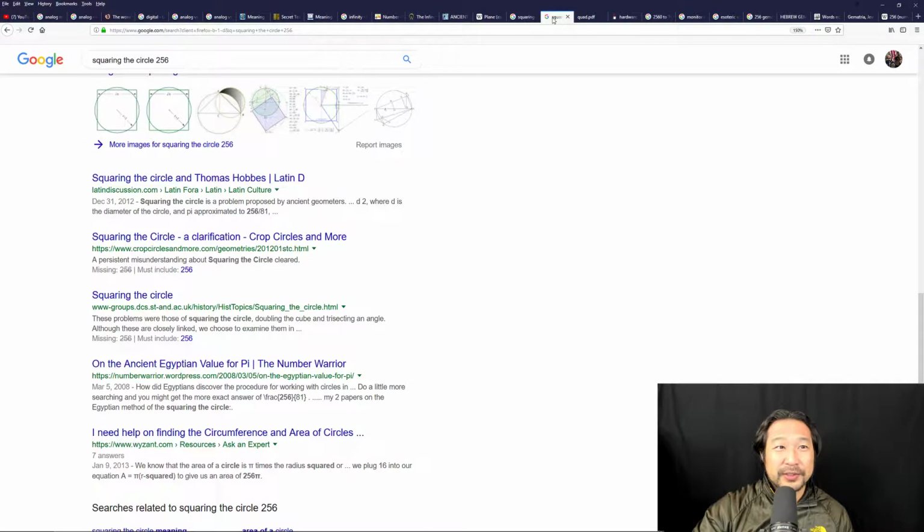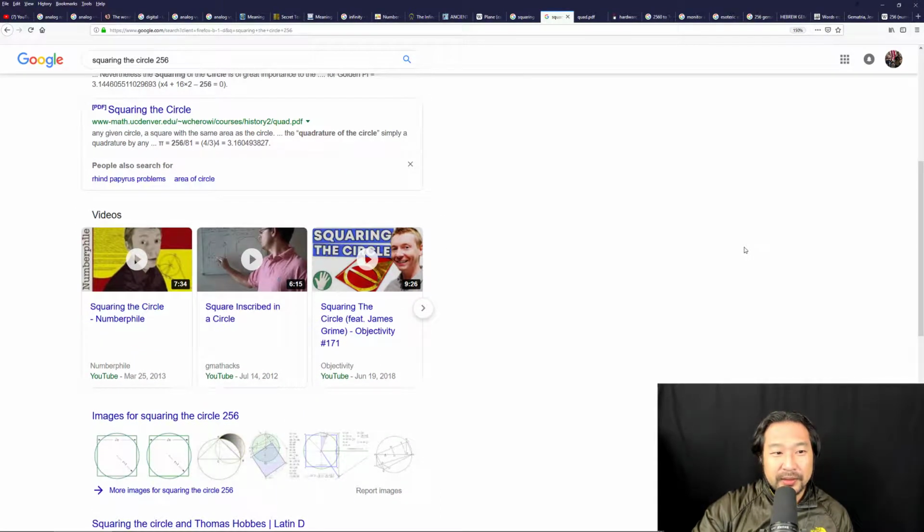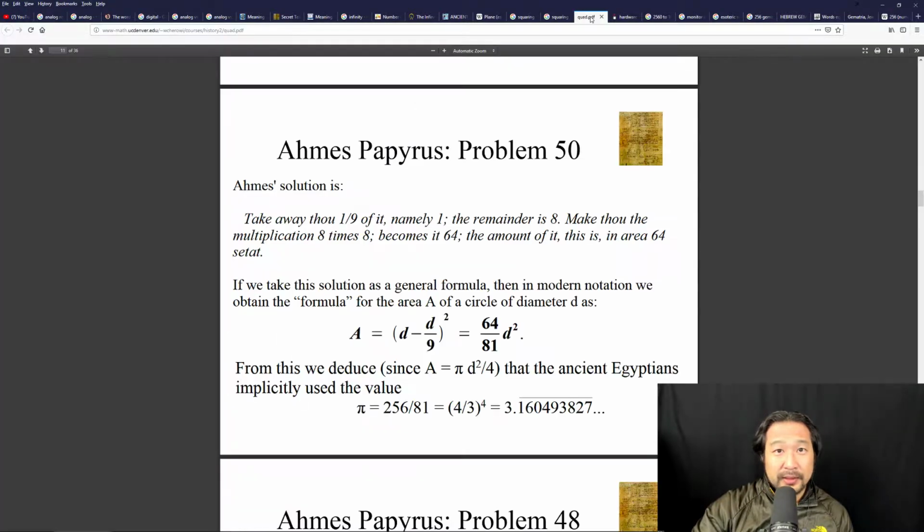So squaring the circle, that's what the digital technology age is. We're converting everything that's circular and round in form and squaring it. We're making it digitalized.